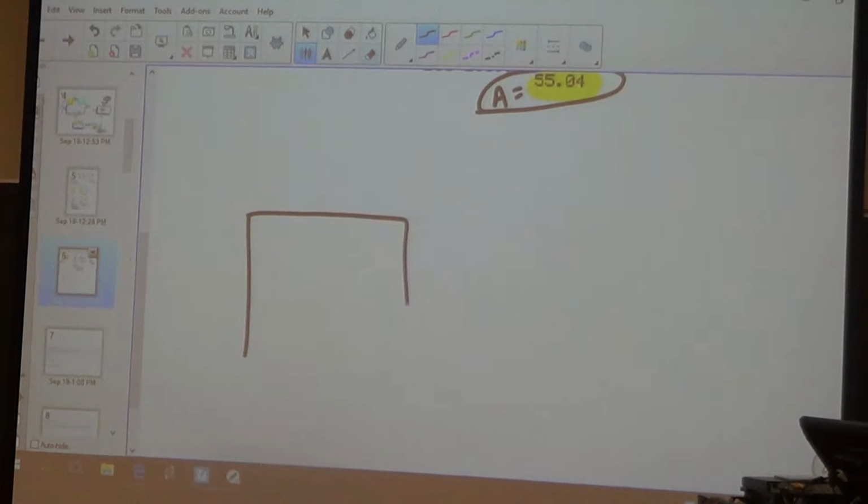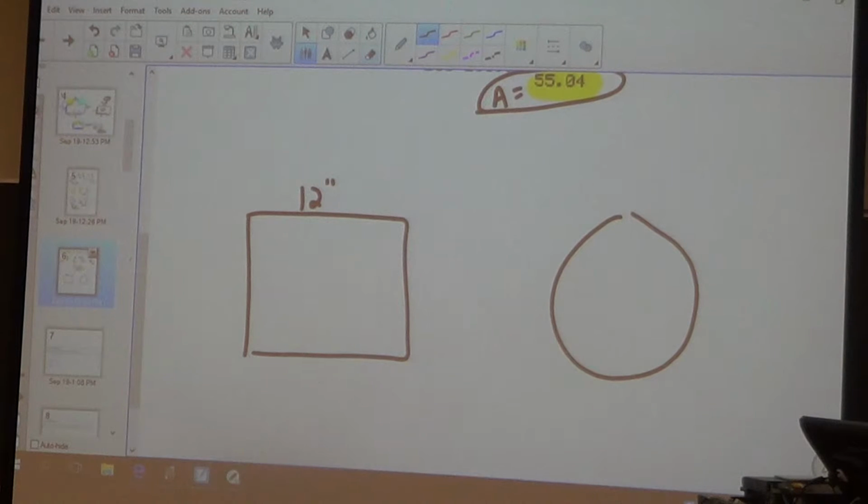So the discussion was whether you buy a 12-inch square pizza or a 12-inch round pizza. And why? If they're the same amount of money. So if I'm going to spend $1 for a 12-inch square or $1 for a 12-inch round, which one am I going to buy?